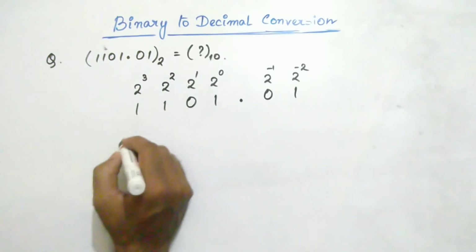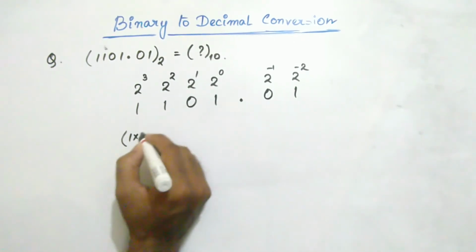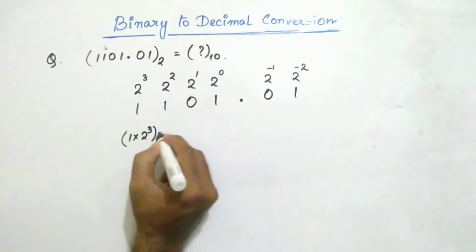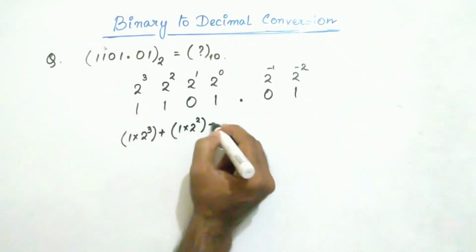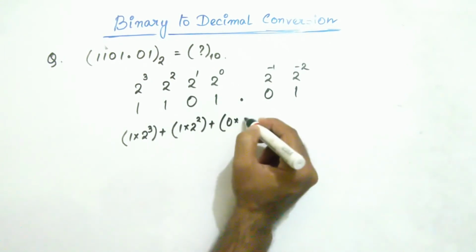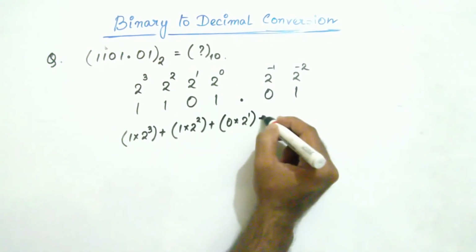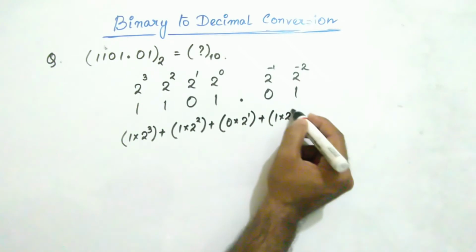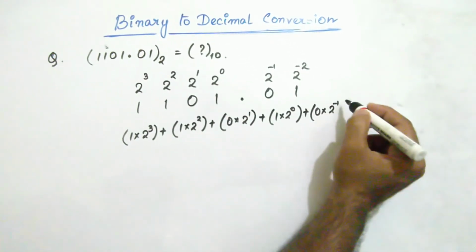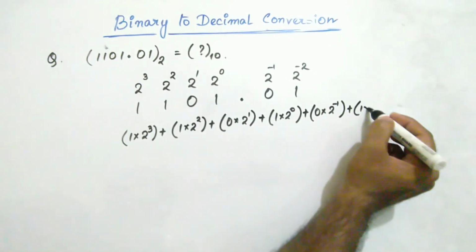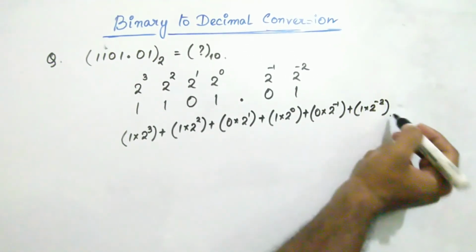Now we are going to multiply the binary digits with their positional weightage, and add the results to get the decimal equivalent of the given binary number. Plus 0 multiplied with 2 to the power -1, plus 1 multiplied with 2 to the power -2.